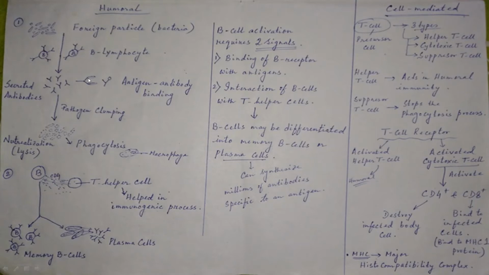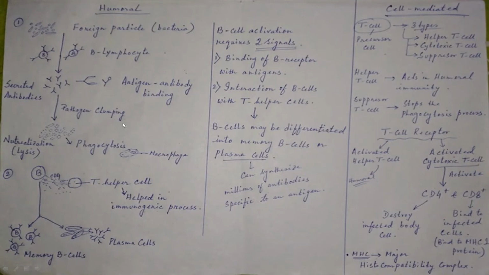Here this is the antigen, and antibody is this secreted from B cells. So these foreign particles act as antigens here, and you know that antigens bind with antibodies, so they come and bind here. See, binding is happening. After binding, what happens?